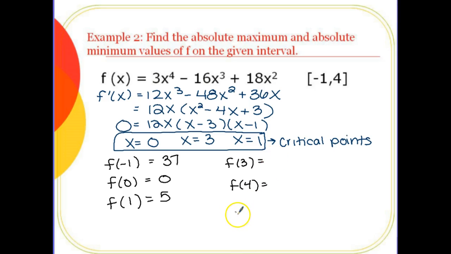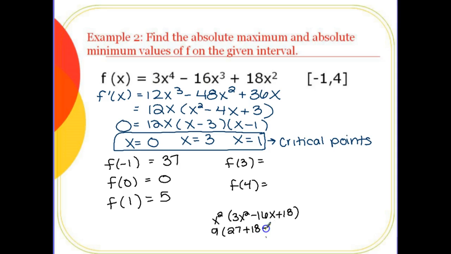I just bring it out in front. So like 3, you can take out an x squared. So you'd have 3x squared minus 16x plus 18. So that's 9. 9 times 3 is 27.